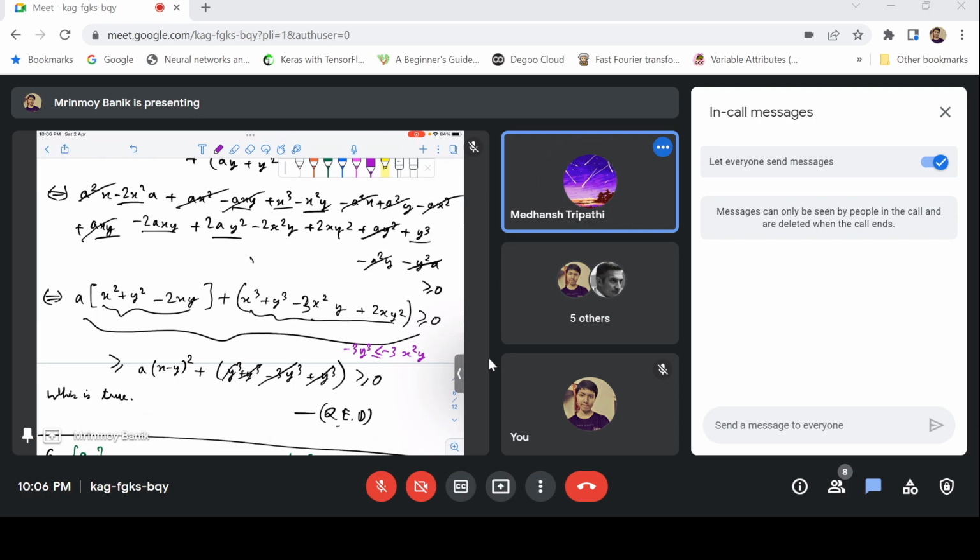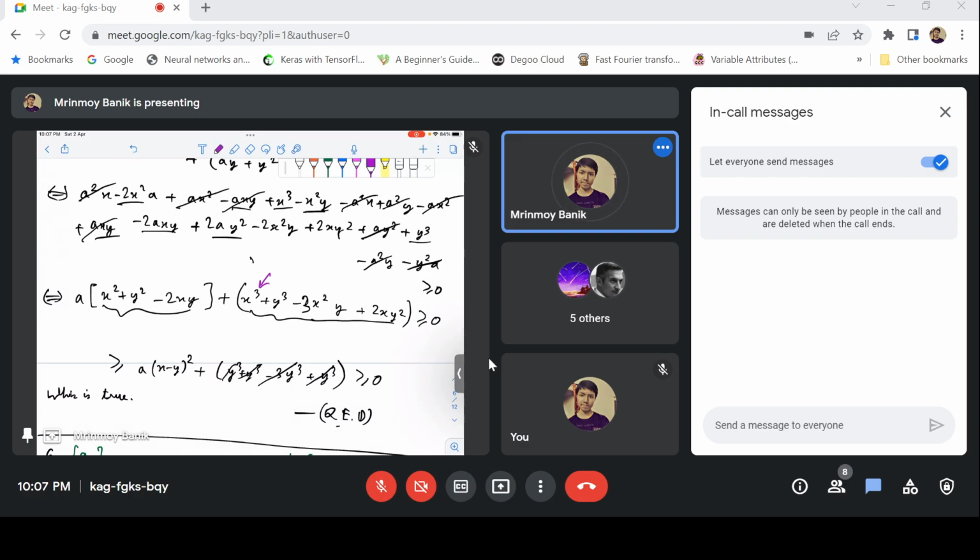You mean here we are replacing it with y, right? Because y is greater than x, so it is not less than this thing. If y is greater than x, do you get what I mean? Yeah, I get it.